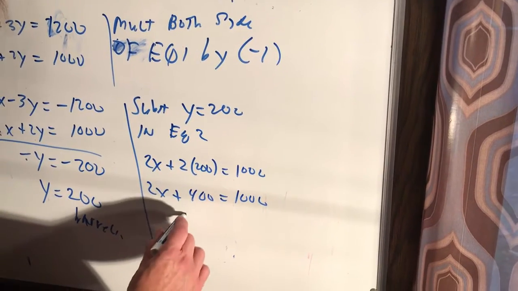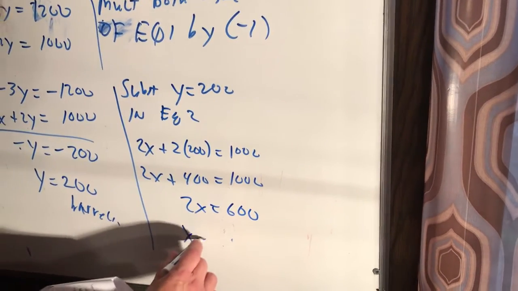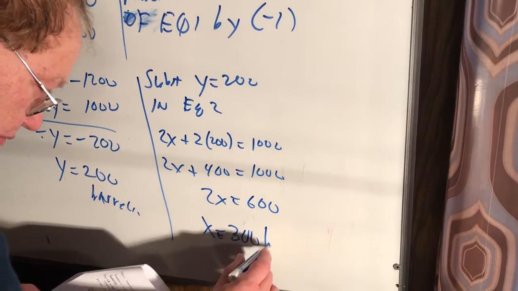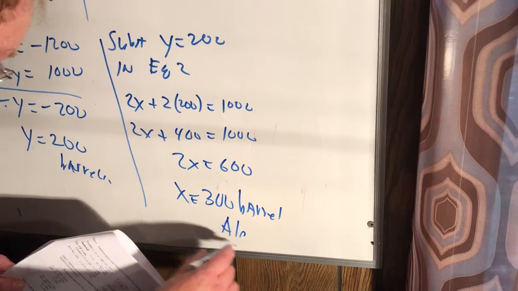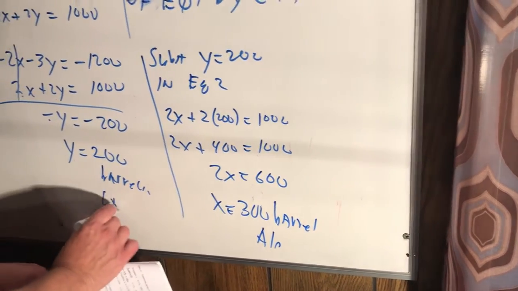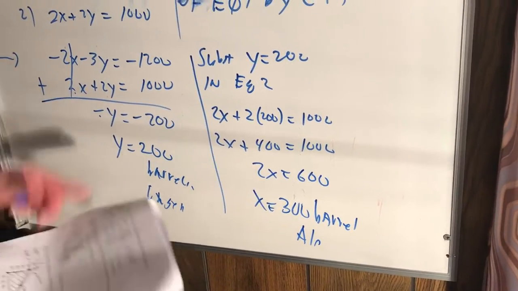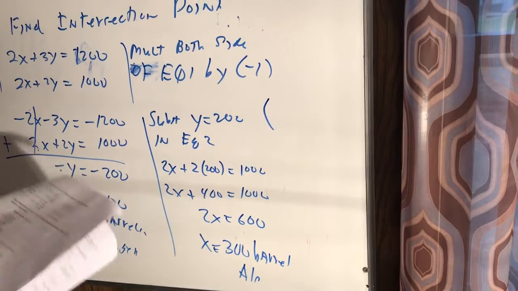Bring that over there. 2x equals 600. And x equals 300 barrels. And I believe this is ale, and this is lager. So my intersection point is 300, 200.